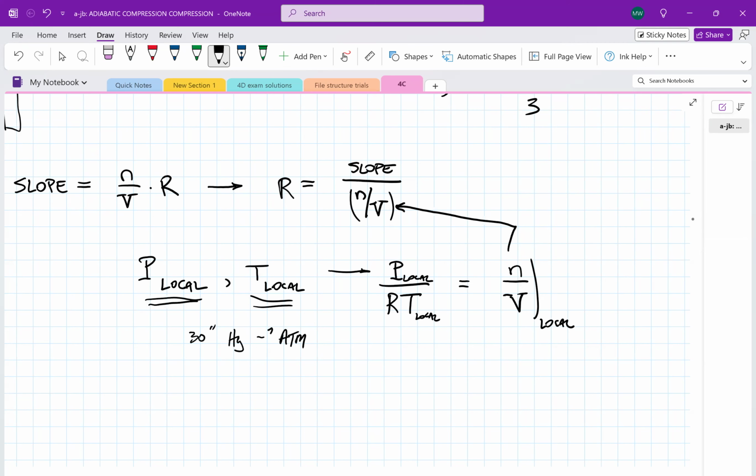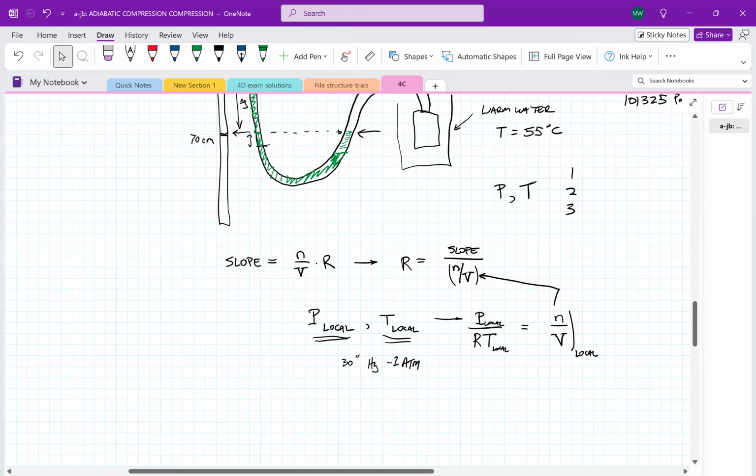Oops, one atmosphere is 30 inches of mercury. That corresponds to 760 millimeters, and you can convert from there. So that would be how you can find those two things.